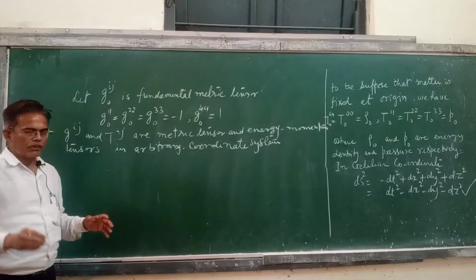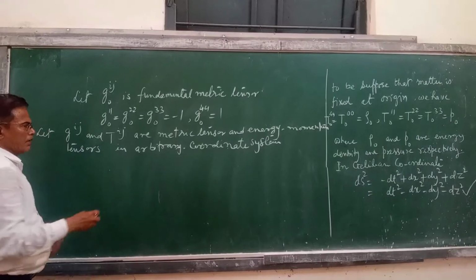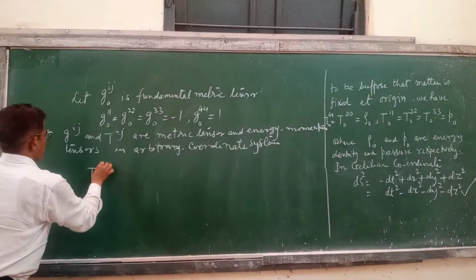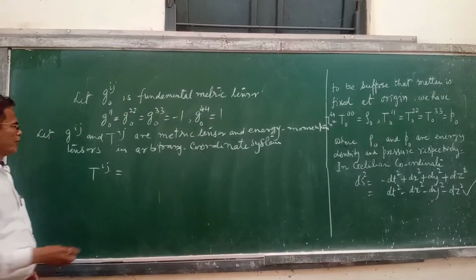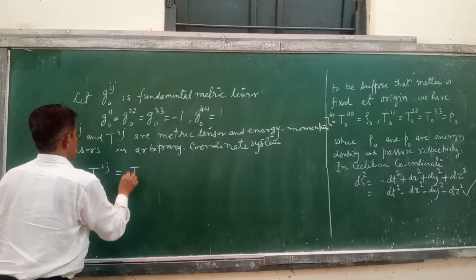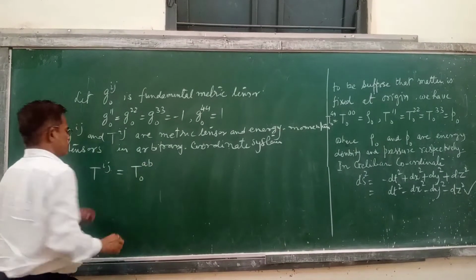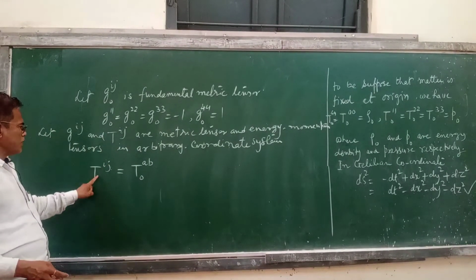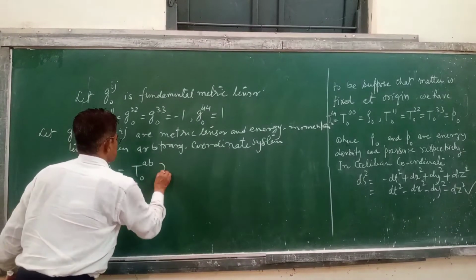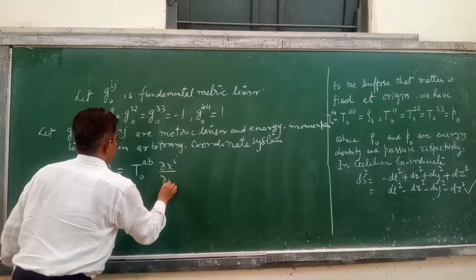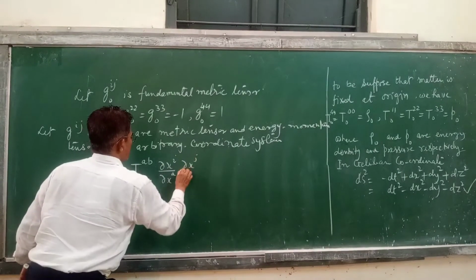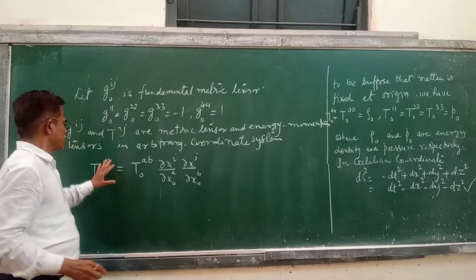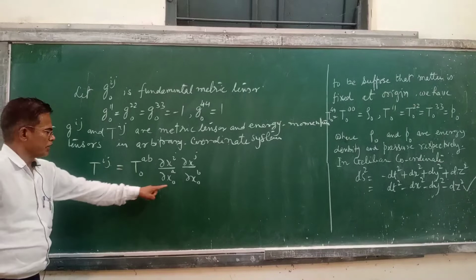Then by the transformation law of tensors, T^ij is equal to T^AB del x^i upon del x^A del x^j upon del x^B. Here T^ij is in the arbitrary coordinate system and T^AB is in the Galilean coordinate system, denoted by 0.